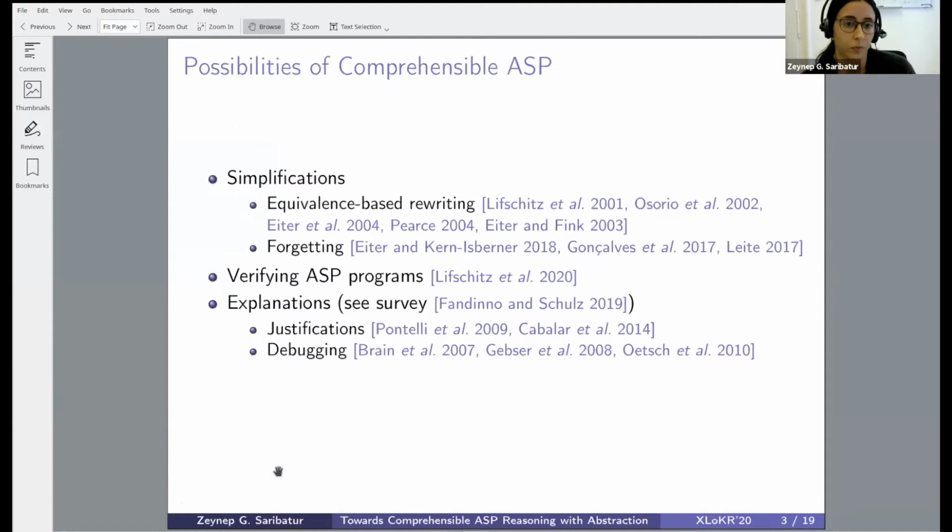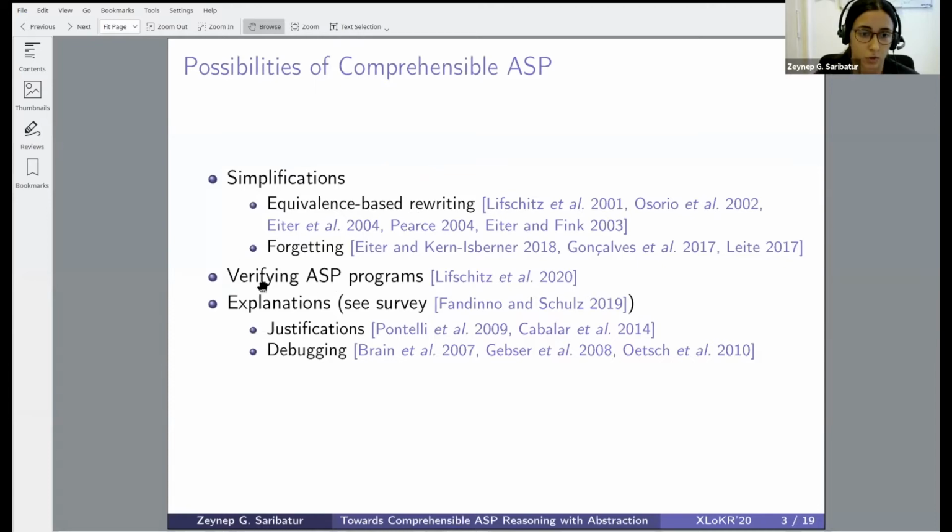There have been many works constructed for ASP which can also be used for comprehensible ASP. There are more theoretical works about simplifications of programs, where they studied simplified programs that preserve the same properties as the original program.